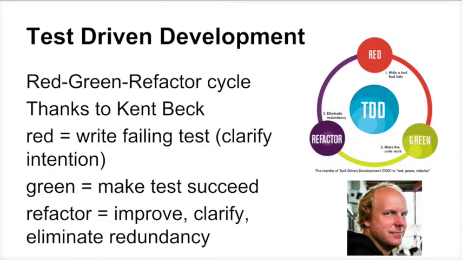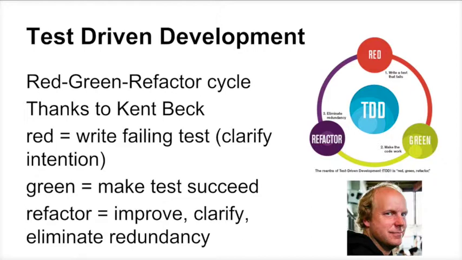Test-driven development, as we're getting closer to and more involved with the implementation and release part of the cycle, is a notion that was developed by Kent Beck early on, I think probably early 80s. The idea is to go through what's now called a red-green refactor cycle, close to the code.